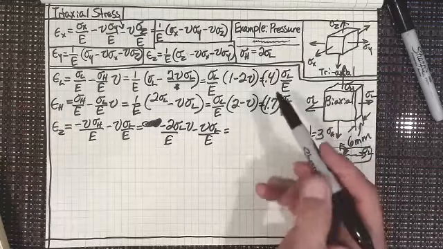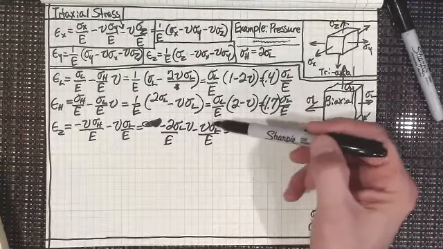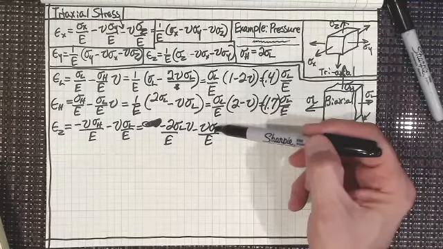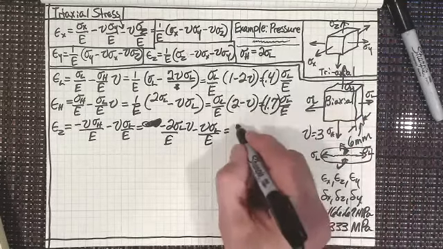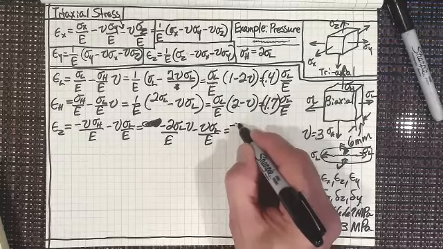Okay? So, as you can see, we can take Poisson's ratio, sigma sub L, and E out of there. So I'll take the minus sign out too.